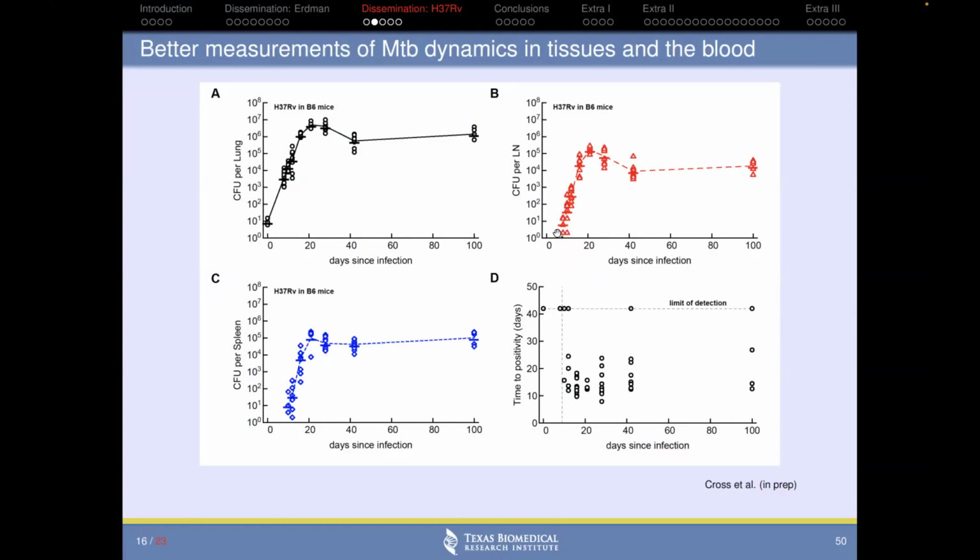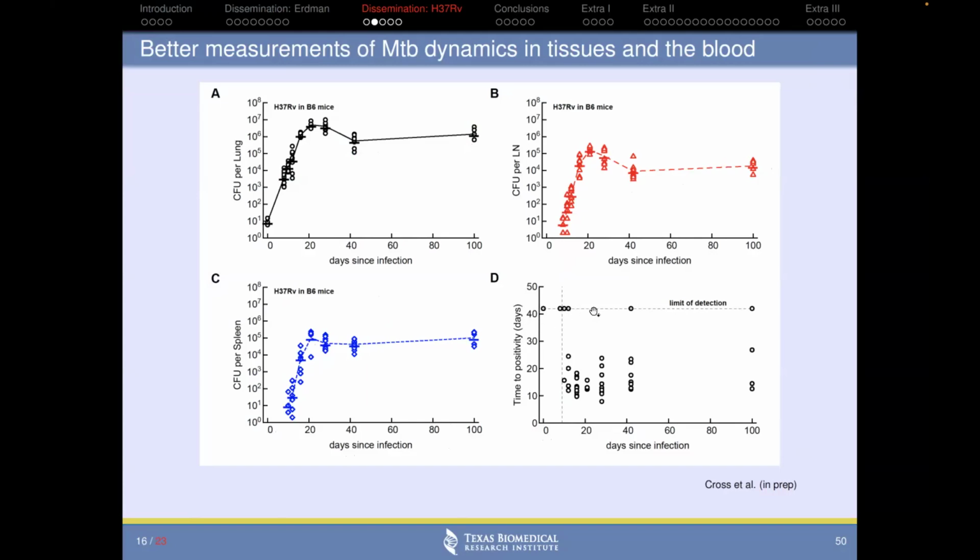This is the lymph nodes. And again, you can see accumulation, control, and maybe maintenance of bacteria in the lymph nodes. This is in the spleen. And this is detection in the blood using a specific medical system where you put the culture sample where you think the mycobacteria are, and then you measure time to positivity, when this media becomes positive.